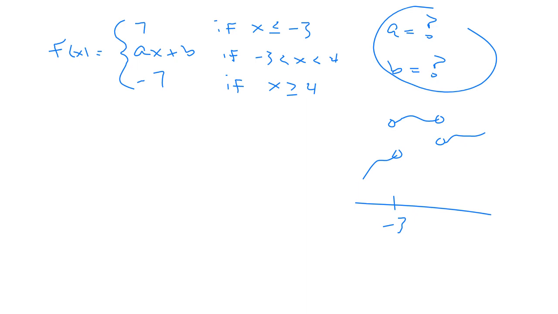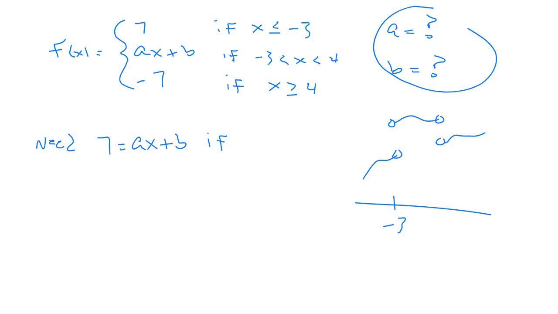So it's going to say this: I need 7 to be equal to ax plus b if x is equal to -3.